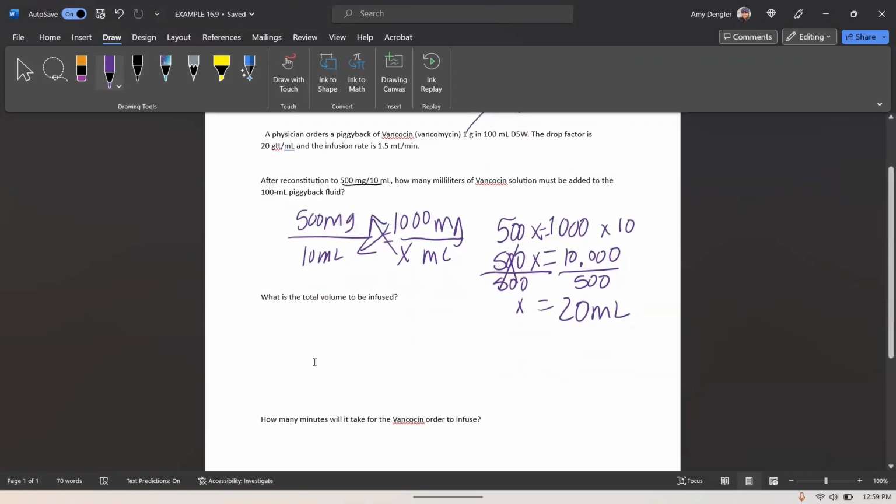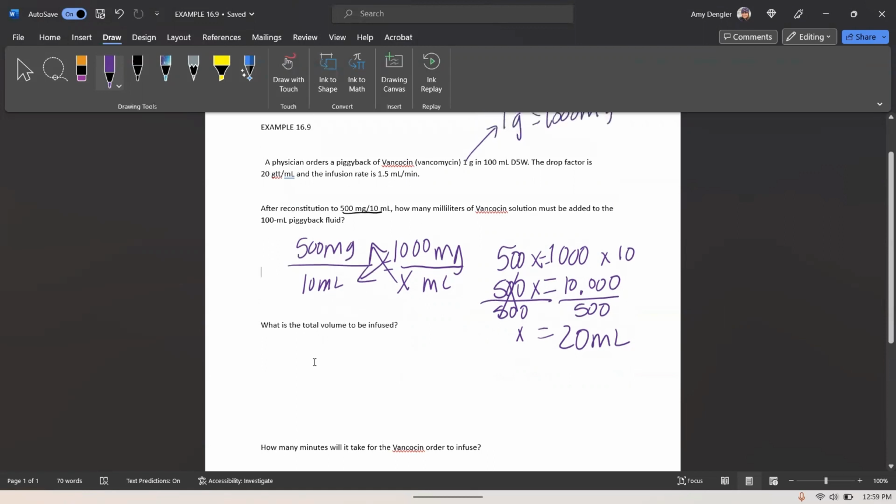What is the total volume to be infused? So that is going to be the 100 ml IV bag plus the 20 ml medication we add to it. So 120 ml.